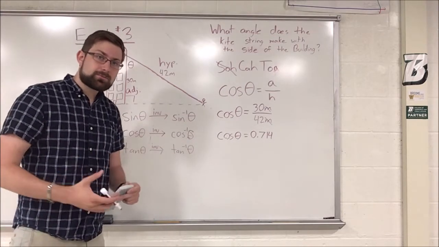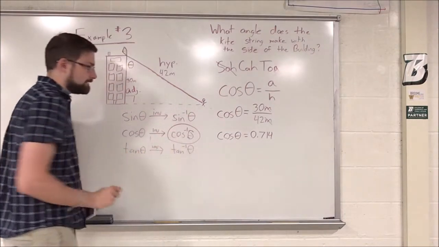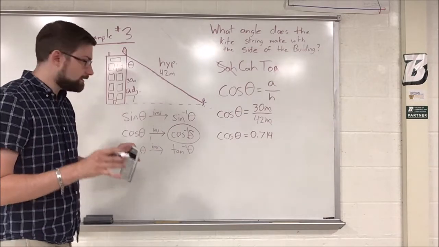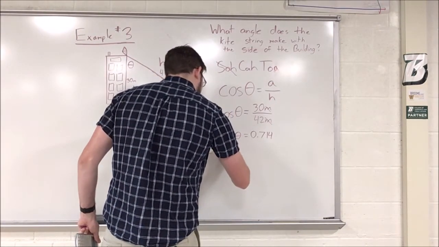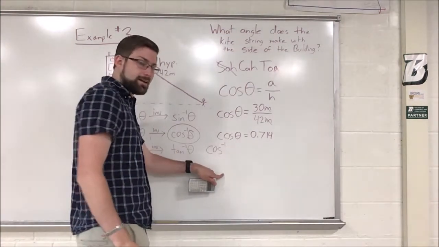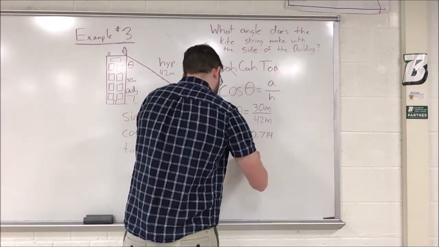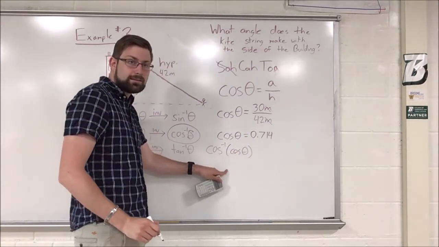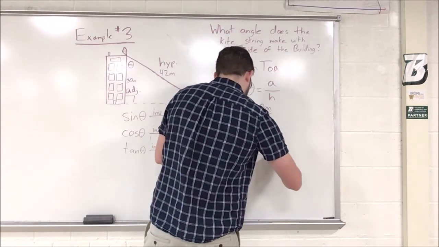So what we're going to do is apply the inverse cosine function to both sides of the equation. So I'm going to take the cosine inverse function and plug in my cosine of theta. That's going to help us cancel it out. But we have to do it to both sides. Everything you do on one side has to be done to the other.